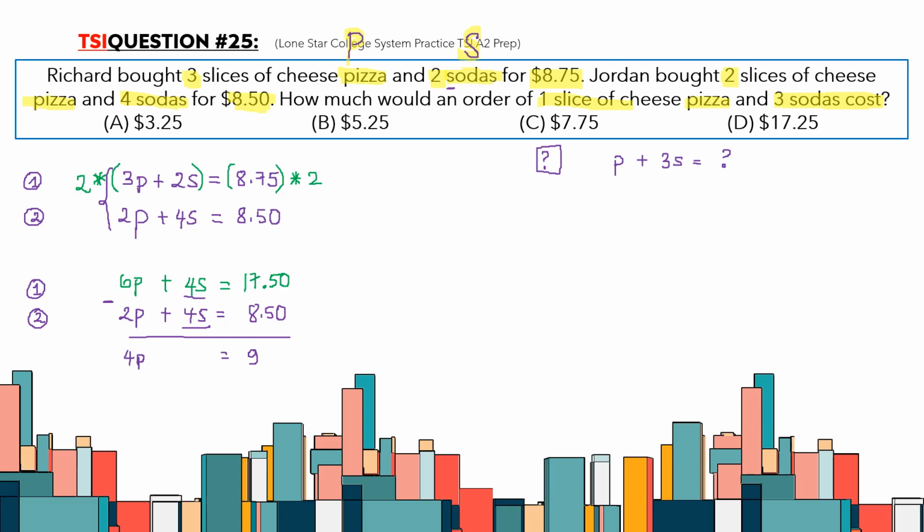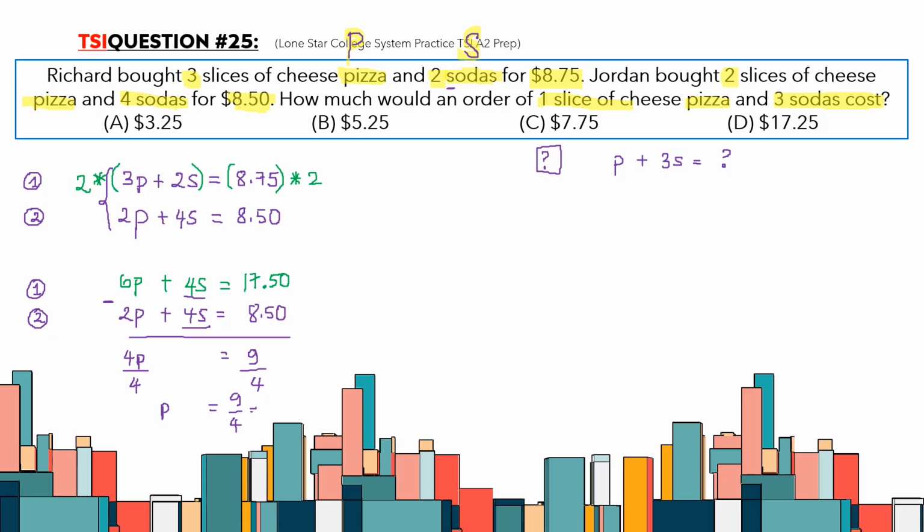To find P, we divide both sides by 4. We have P equal 9 over 4. So the cost of one slice of cheese pizza is $9 over 4.